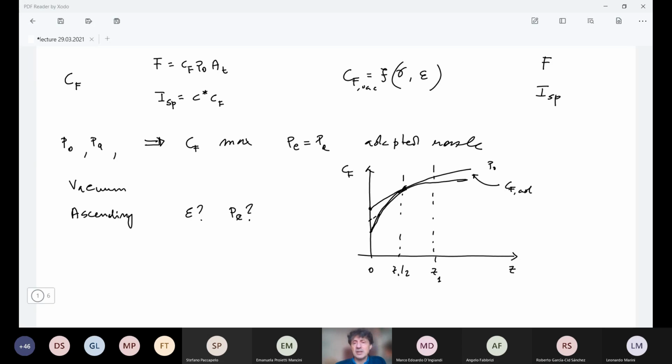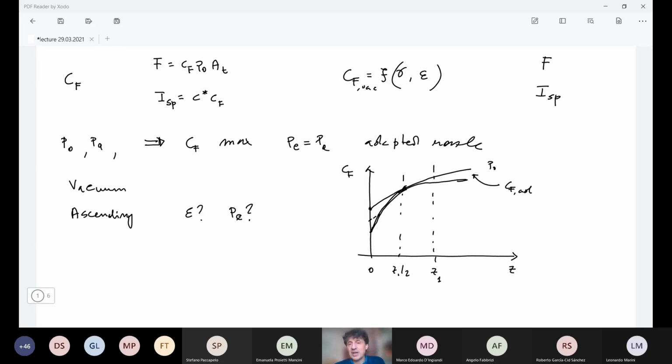But what you find, even looking at this simple picture, is that if this Z1 is not so high, you'll have a limited change of thrust coefficient during the whole operation. Of course, the more you are moving towards high altitudes, the more this difference will appear.